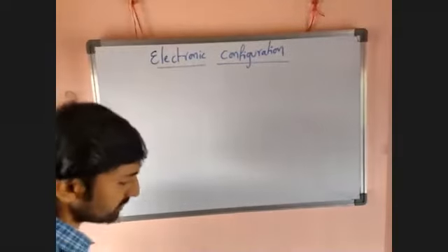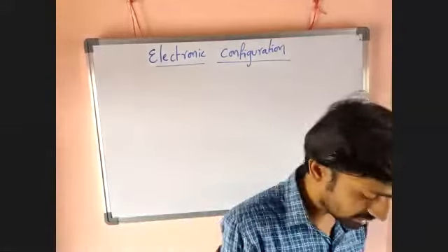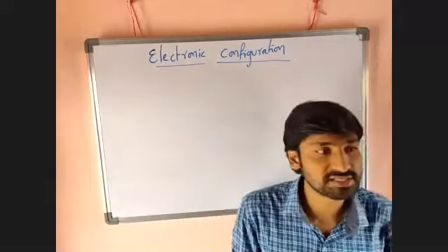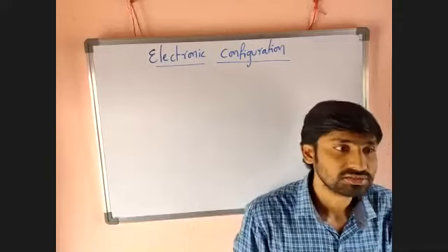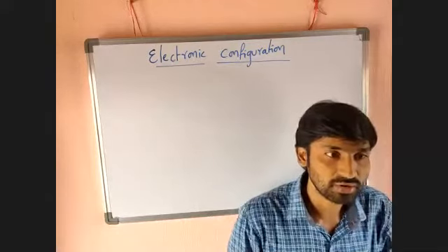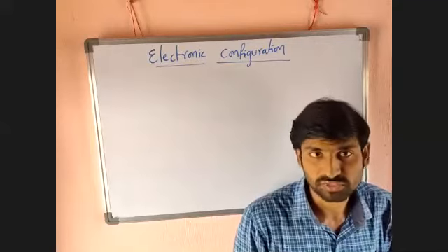Electronic configuration. First, I want to explain the definition of electronic configuration. We discussed the types of orbitals. How many types of orbitals are there? Many, but particularly how many did we discuss? S, P, D, F orbitals we discussed.